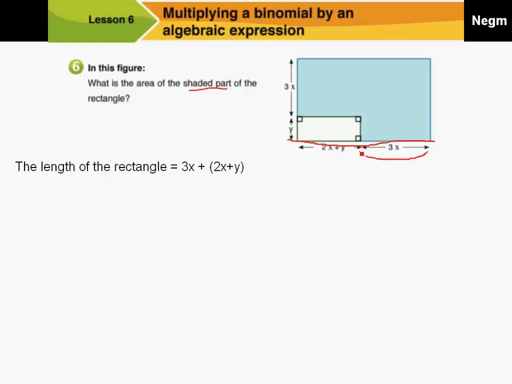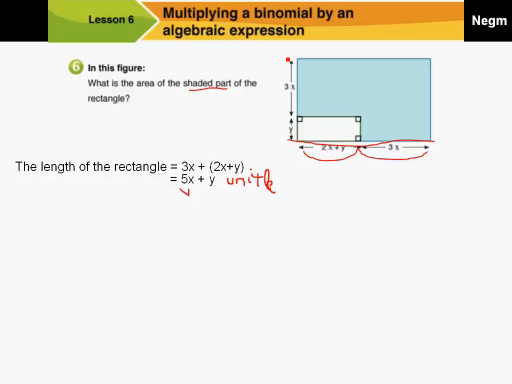Length is 3x plus 2 plus 2x plus y. 3x plus 2x plus y. We collect the like variables. 3x plus 2x is 5x plus y. This is the length of the rectangle. You can write unit length, it can be centimeter, decimeter, meter, and so on.